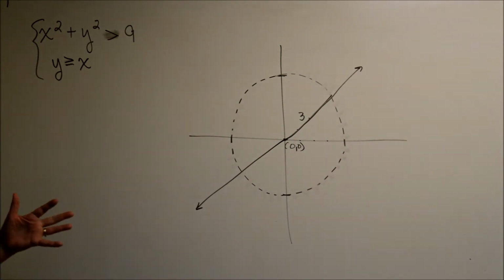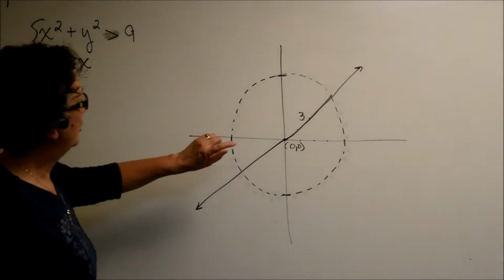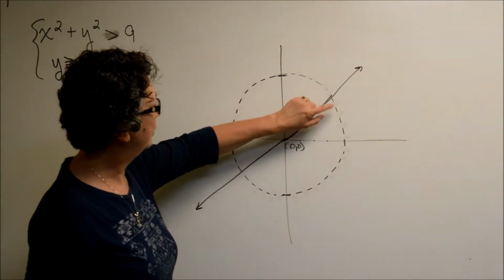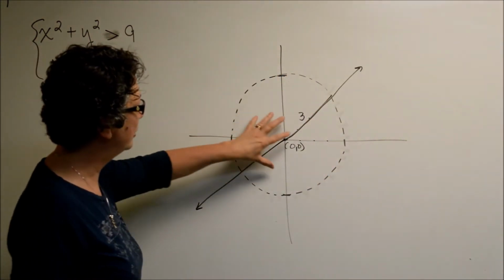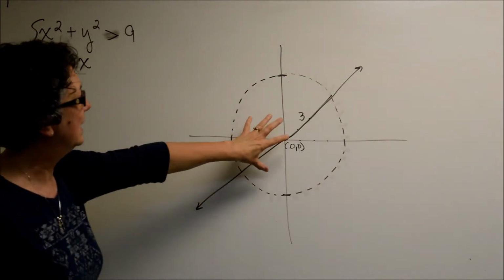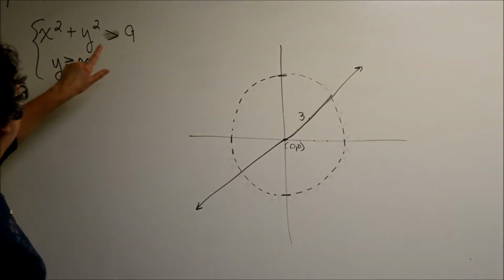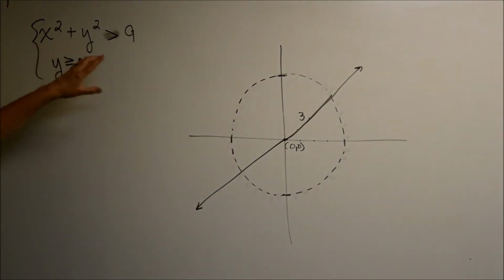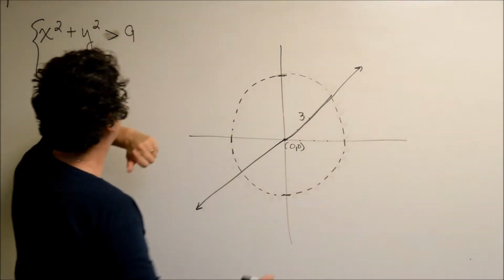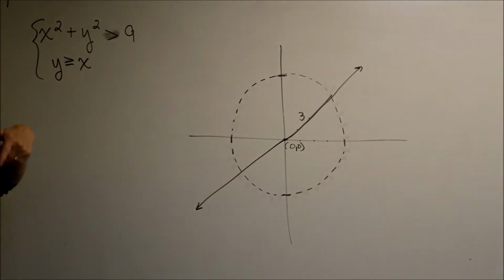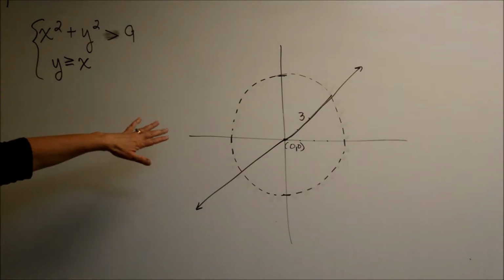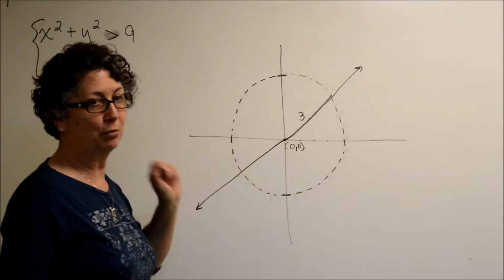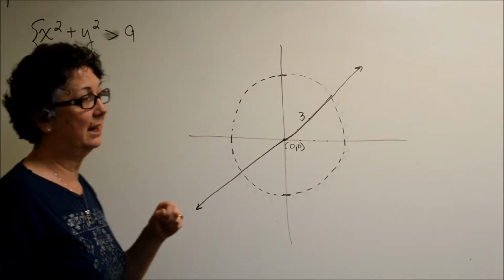So we first need to know, we're going to start with the circle. Do the points inside the circle make the first inequality true, or the points outside the circle? As best I can, I like to use 0, 0 because that's the easiest one to calculate.